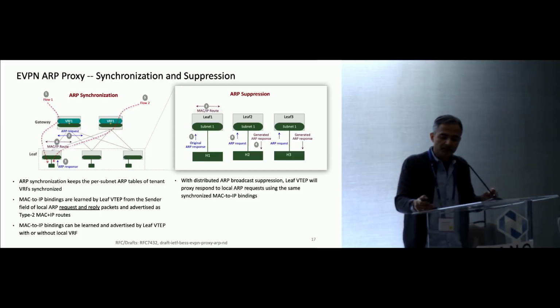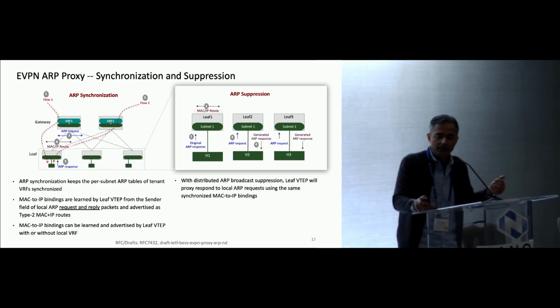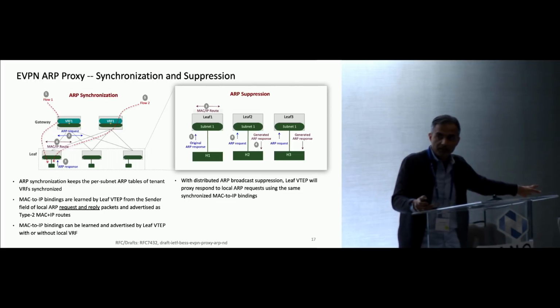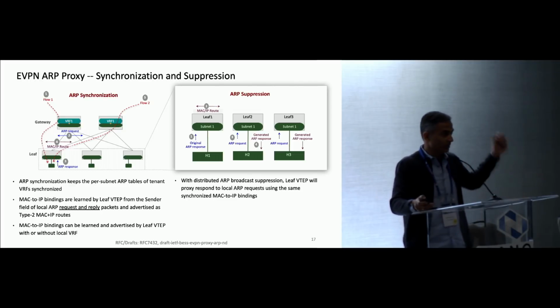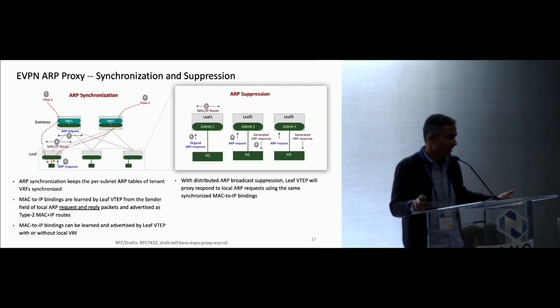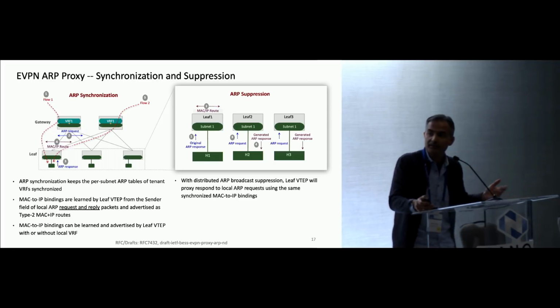Now, if it doesn't have the IP MAC binding entry, it will just re-inject the packet and let it flood. Okay. And when the response comes back, if a response comes back, the VTEP that's closest to the responder will take the ARP response, extract the MAC plus IP binding from its sender field, and advertise it in the control plane, and that will be the last time that that thing will get broadcast again, right?